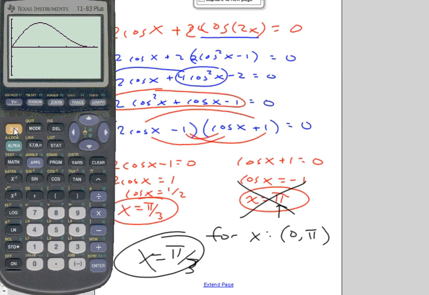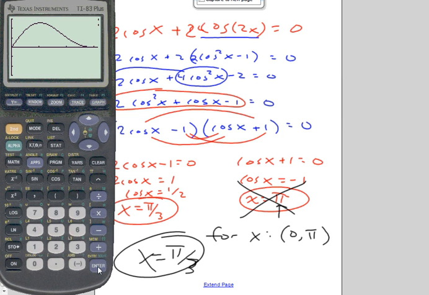So if I want to find the maximum, because the maximum is where my derivative is going to be 0, this should be at pi over 3.